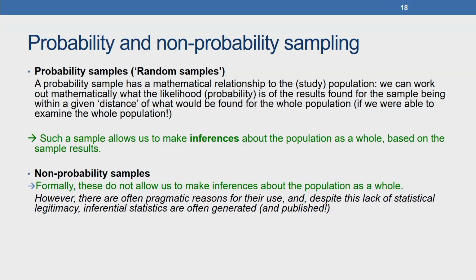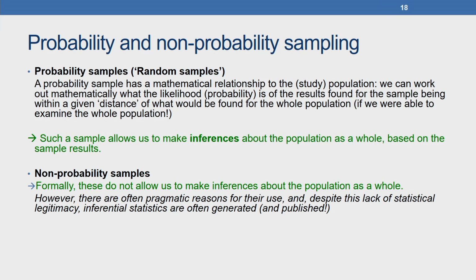Non-probability samples, as I have briefly pointed out earlier, do not allow us to make inferences about the population as a whole. And in social science research, since we are investigating human beings and the context within which human beings survive, we often make use of non-probability samples.